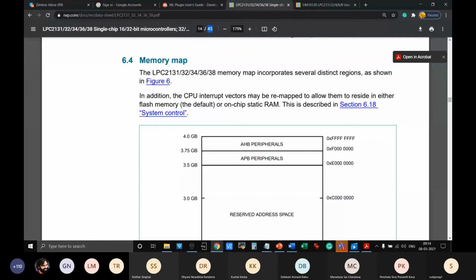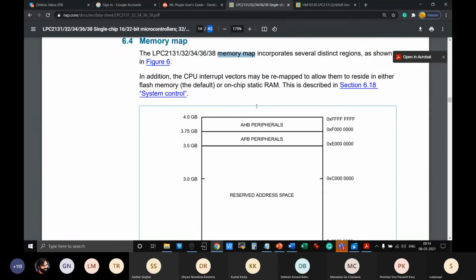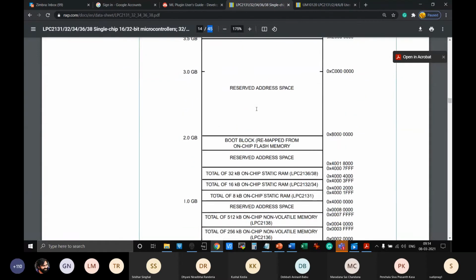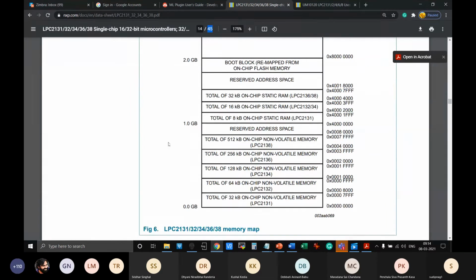The memory map is a customized memory distribution diagram where the physical addresses are shown for various operations or features, like the peripheral features or the code or SRAM. All those features are mapped into a range of memory locations. In the case of this ARM7, it operates up to 4 gigabytes.